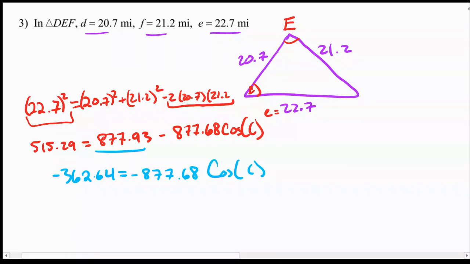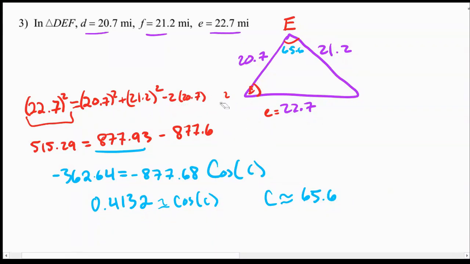Now I'm going to divide by 877.68. And I'm going to leave this exactly in my calculator, but we get about 0.4132 equals the cosine of my angle. So I'm going to do the inverse cosine of both sides, which gives me my angle of about 65.6. So there is my first calculation.